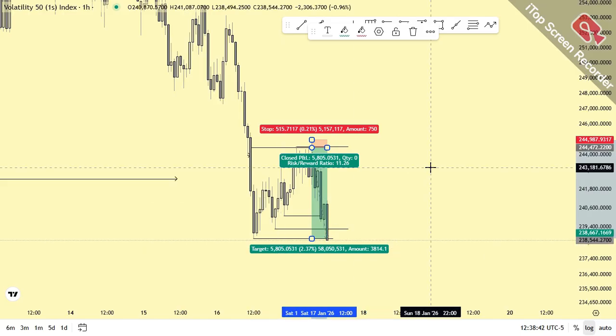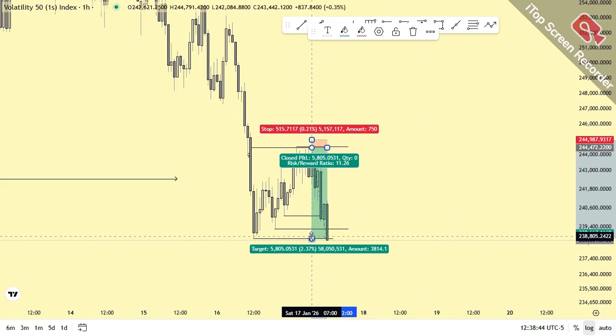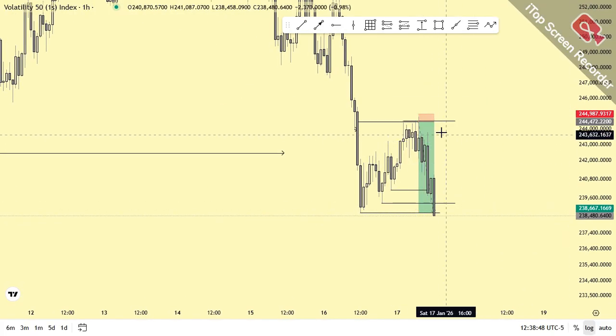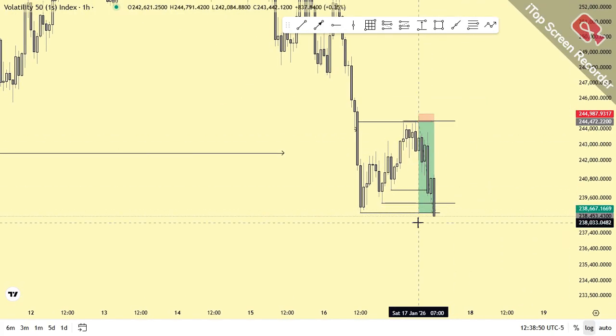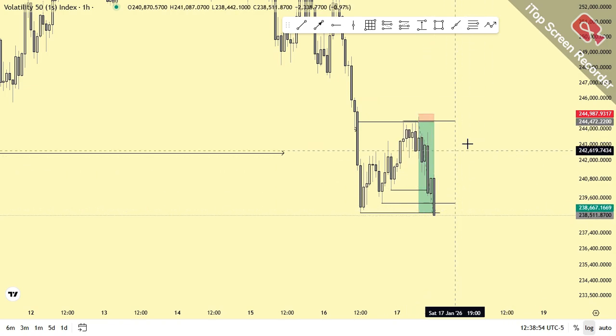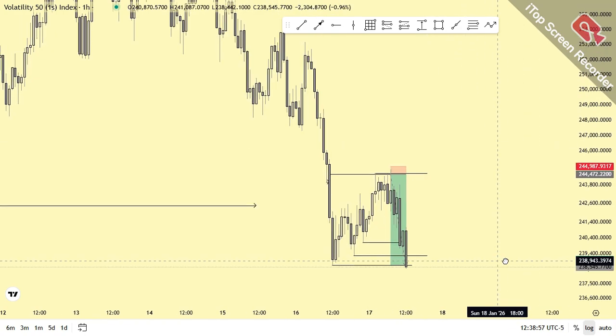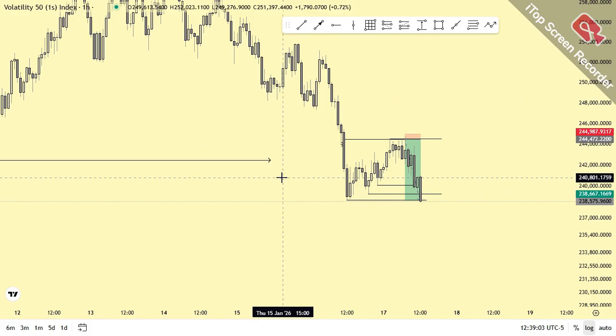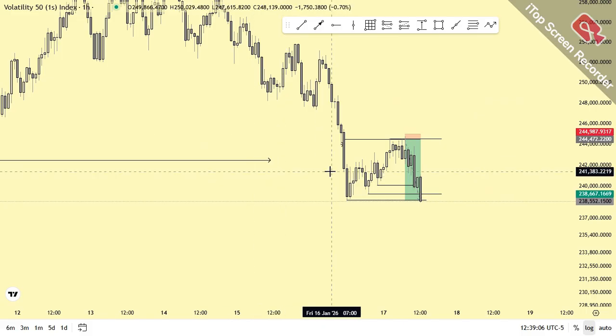If you're using 0.01, this is $58 profit. If you are using 0.005, you divide 58 by 2 to get the amount you make here. So this is the setup that I took today.